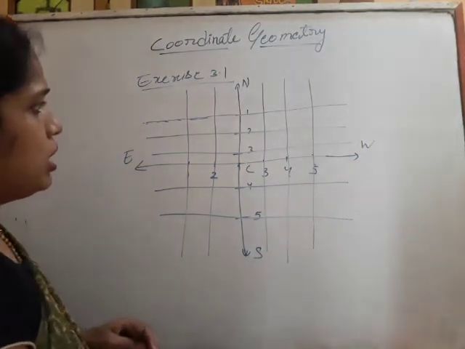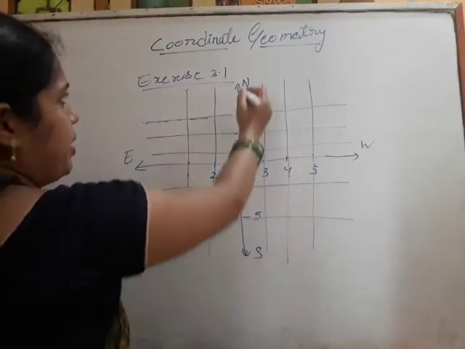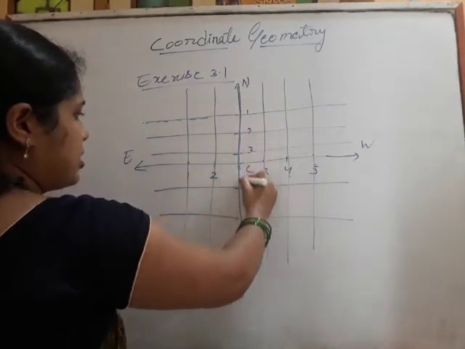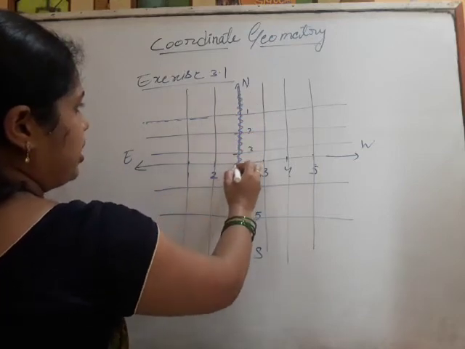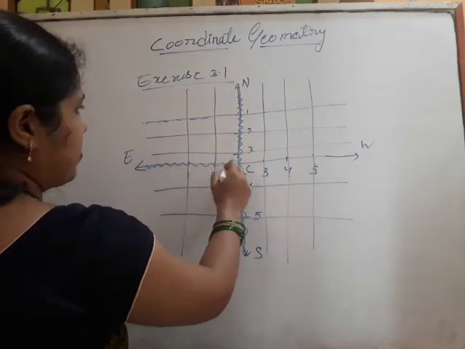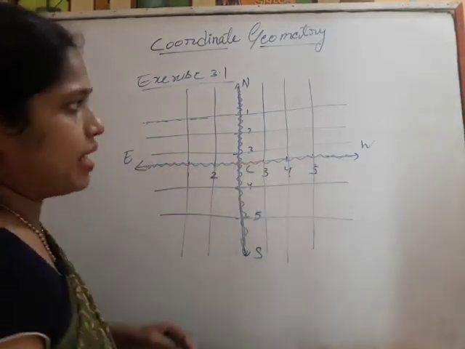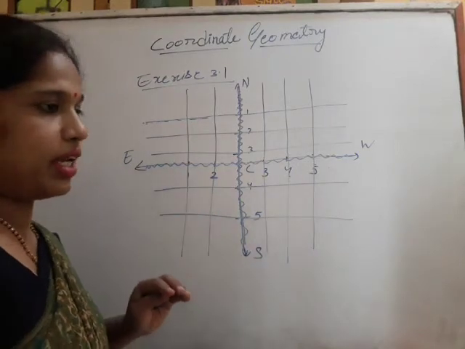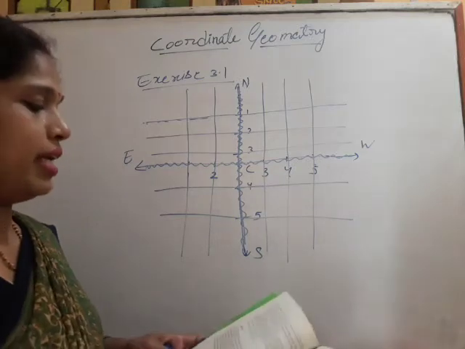So this is the plan of streets and main roads. The main roads are these. To show them differently I am drawing them like this. The other lines are parallel to the east-west and north-south directions. Now what is the question saying?